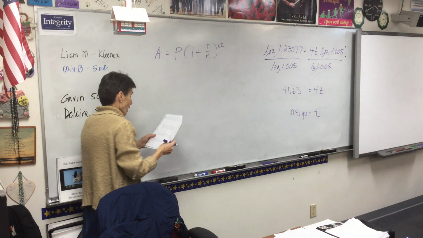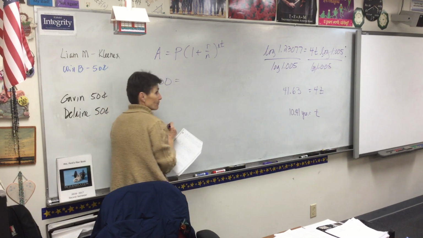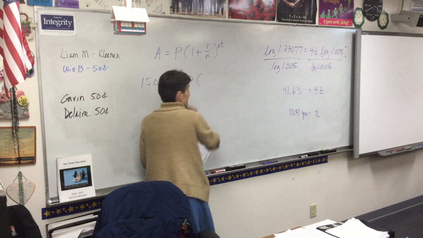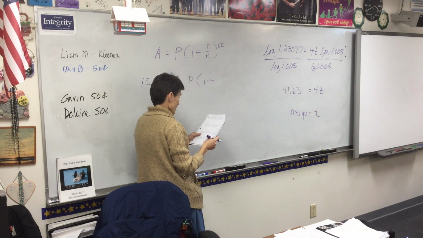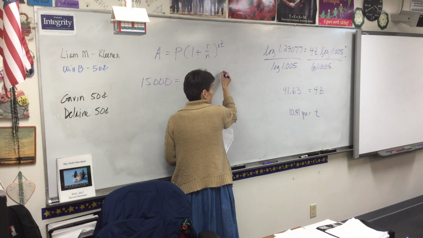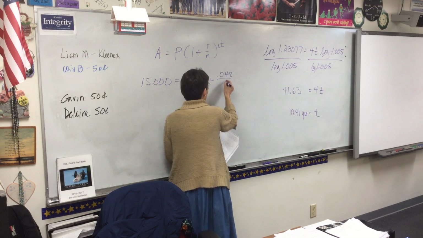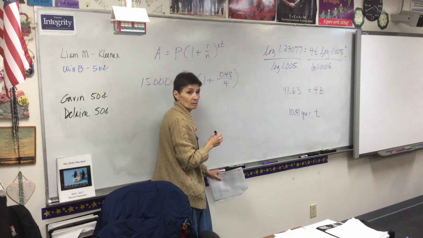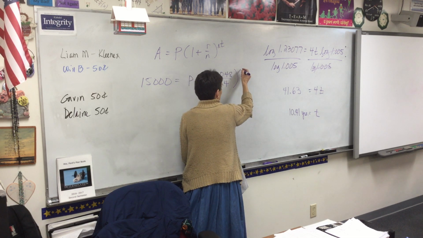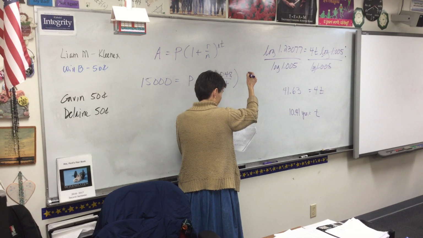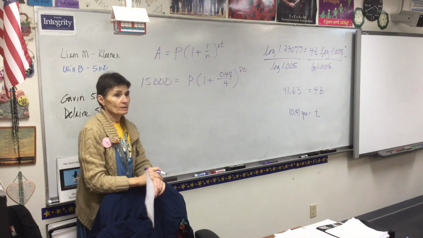P. So I know A is 15,000. I don't know P. 1 plus my interest rate, 0.048, divided by 4, to what power? 80? Why is it 80? 4 times 20.